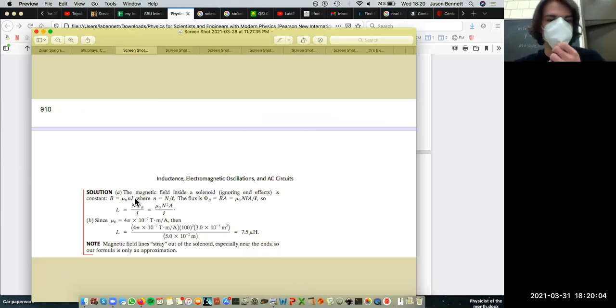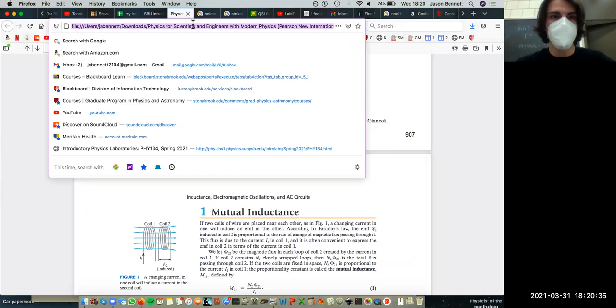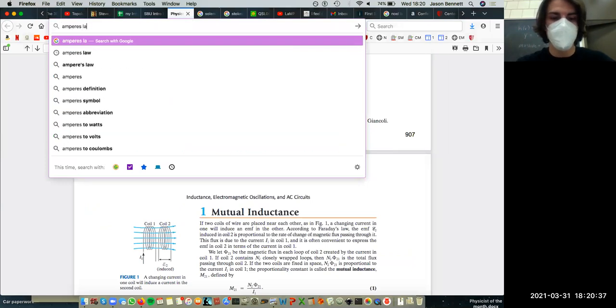We know that inside the solenoid, the field is proportional to the number of turns and the current going through the solenoid, where the number of turns is the number of turns per unit length. And that unit length is helpful because, instead of Gauss's law with that box that we had with the electric field, we can draw circles called Amperian loops and use Ampere's law, which is very similar to Gauss's law, just in a slightly different form.